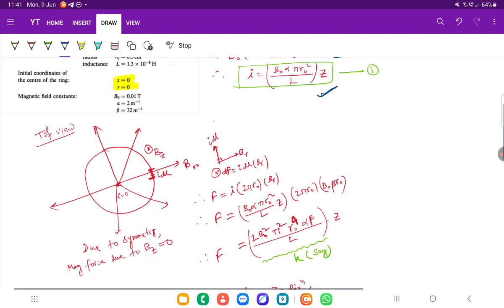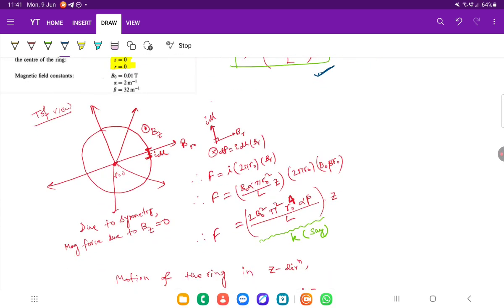Let's move forward. Here I have shown the top view of the superconducting ring, and I have drawn the radial field lines, that is Br, and this one is Bz as you are viewing from above. So you will observe Bz coming out of the plane as I have shown. Now I am interested in finding the force on the ring due to the magnetic fields, for both components. First, due to the Bz component the magnetic force will be zero, due to symmetry.